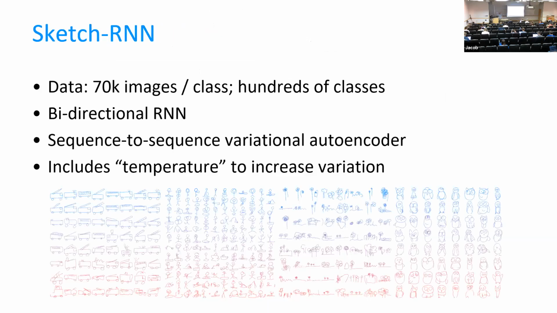This is another architecture very similar to the handwriting generation architecture, except they used it to draw sketch art. The data is about 70,000 images per class, and they trained a sequence-to-sequence variational autoencoder, which we will talk about later, but with an RNN architecture.